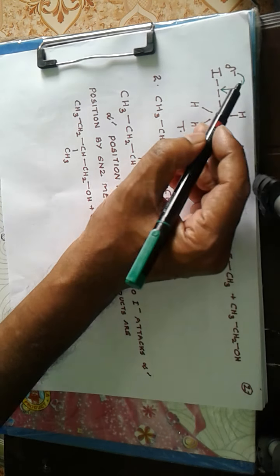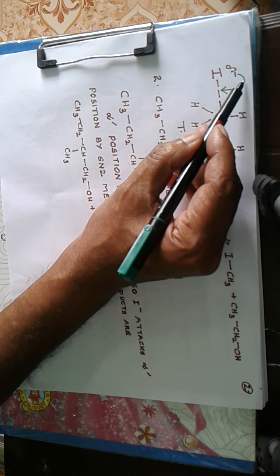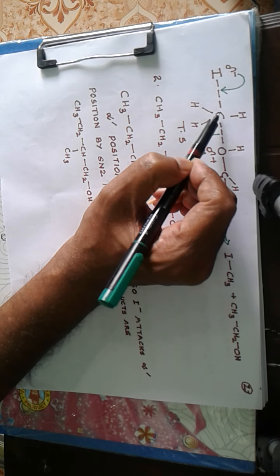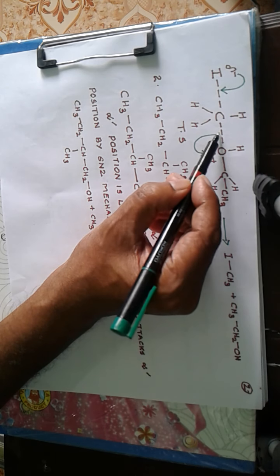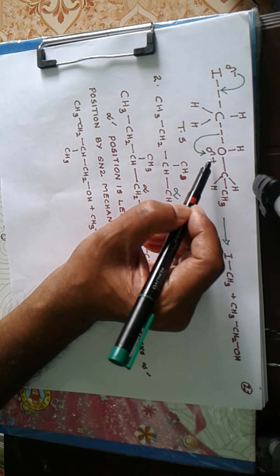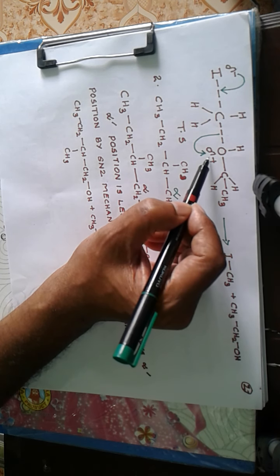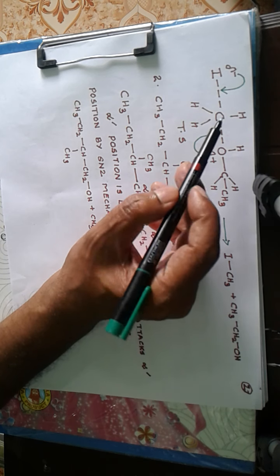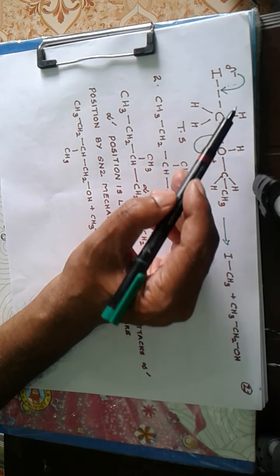Now, as soon as the transition state is formed, it will easily establish a strong bond between iodine and carbon, the usual covalent bond, and the C to O bond completely breaks, so that the delta positive charge over oxygen is neutralized and the delta negative charge over iodine is neutralized.